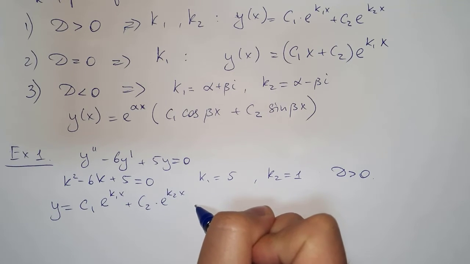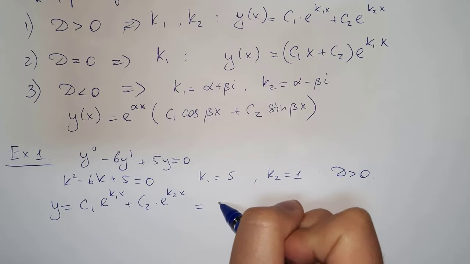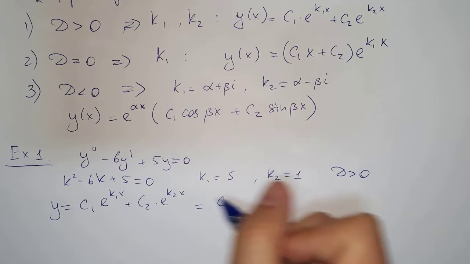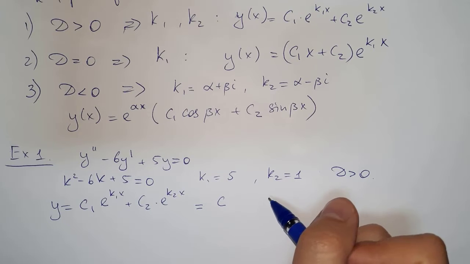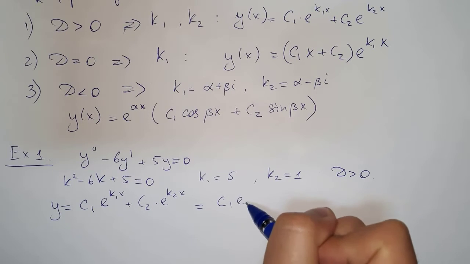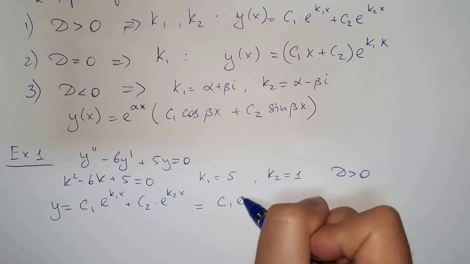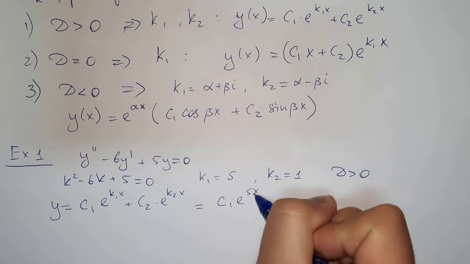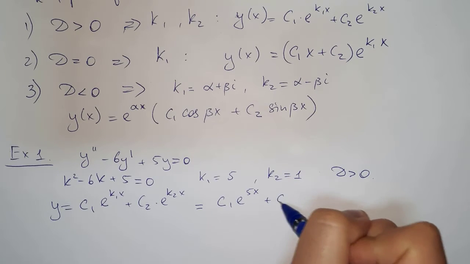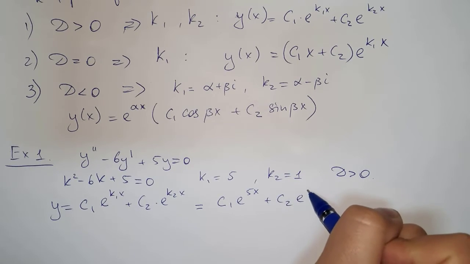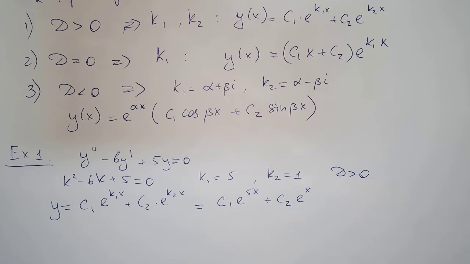It doesn't matter which one is first and which one is second. So c1 times e to the power of 5x plus c2 e to the power of x. This is the general solution of our equation.